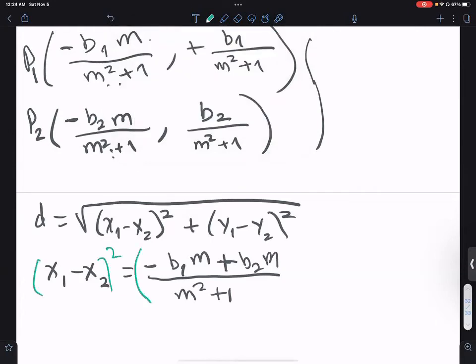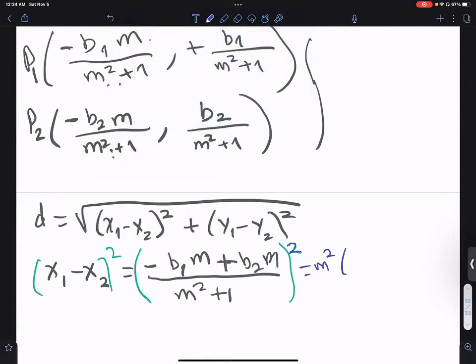Squaring this. And you see here, m is a factor, which is going to be m outside, but there's a square here, so it's going to be m squared.